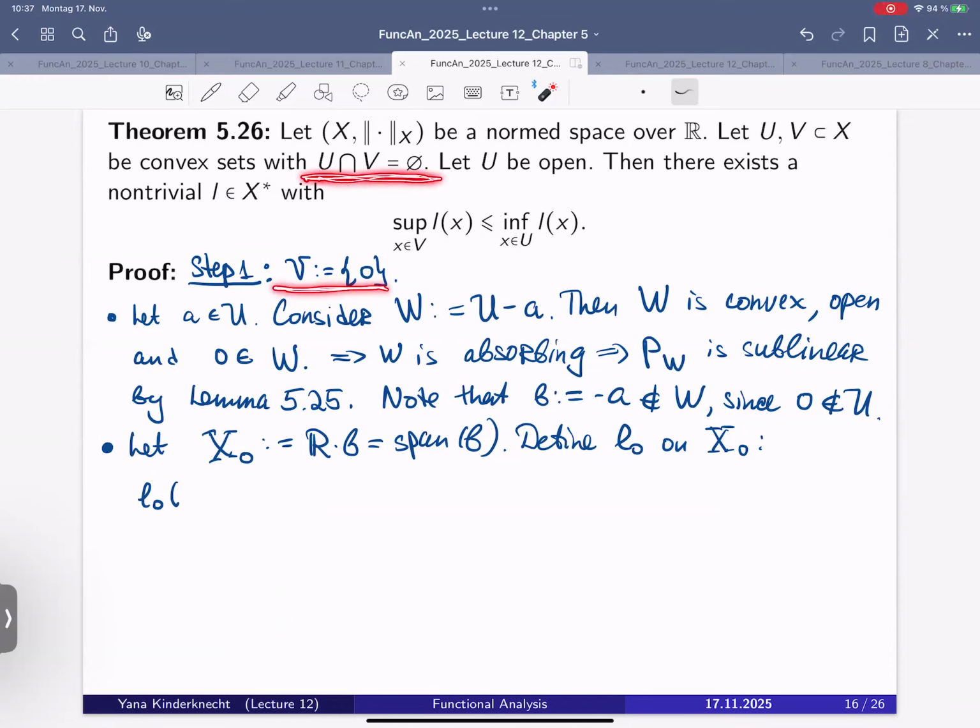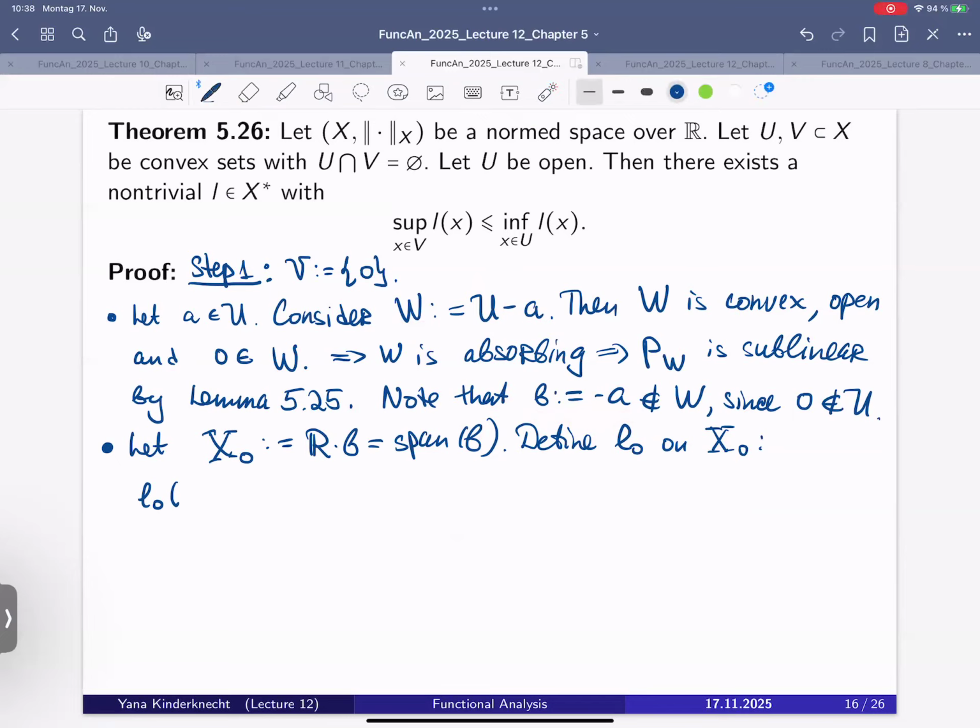U is disjoint from V, so U does not have 0. So that's why W does not have 0 minus A. Okay, so we take this V to be just 0. Yes. If you would have 0, then 0 minus A is B, and it would be in W. So they would intersect.